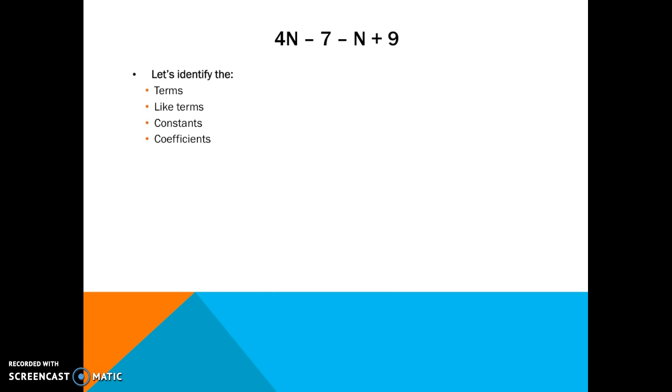Let's look at this example here. What I want you to do is identify the terms, like terms, constants, and coefficients. I'm going to give you all about a minute on your own to think about what these answers will be.